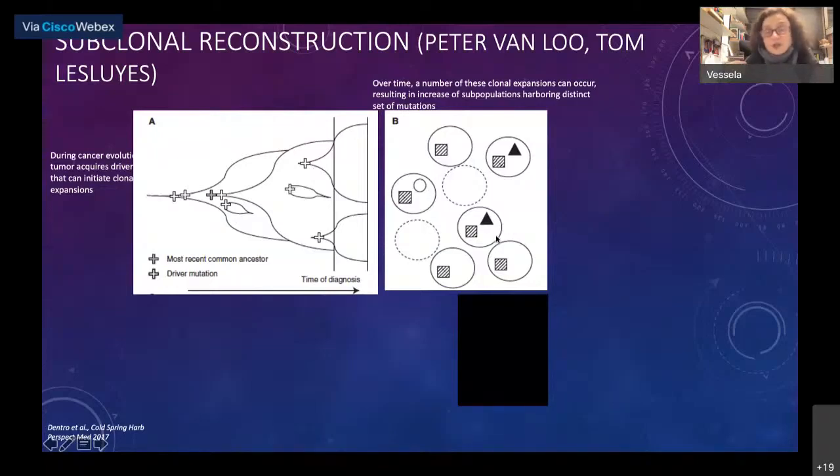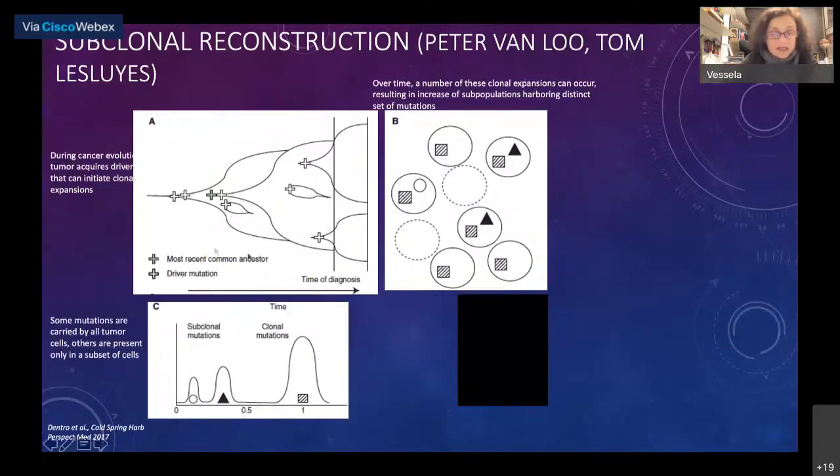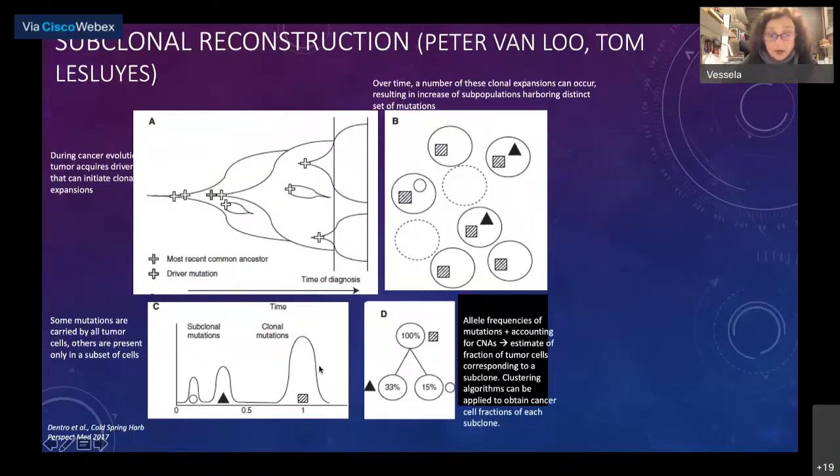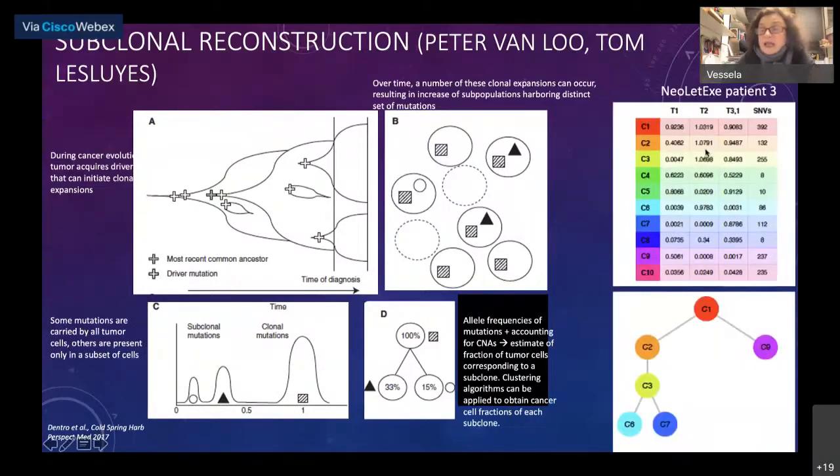But this is only computational, by juxtaposing the frequency of the mutations to the frequency of copy number events. So we can identify both subclonal mutations and clonal mutations, that means those that happen in 100% of the cells. And we can identify all these subclones, which at different percentages happen at each time point.